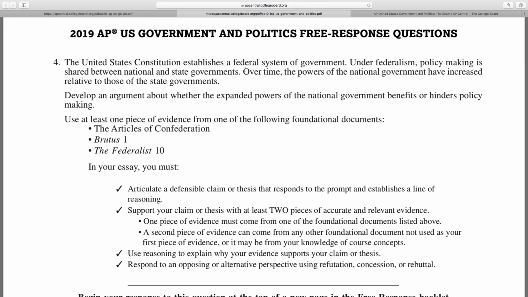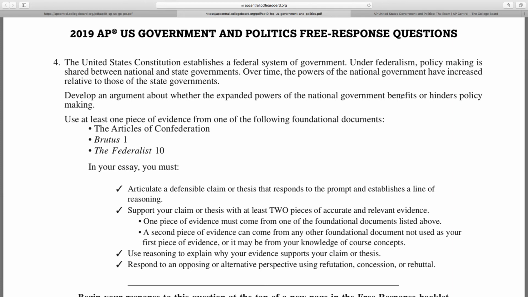I think on this essay, the easiest way to go is that if the powers of the national government have increased, those expanded powers are going to benefit policymaking. Okay, so increased national powers benefits policymaking. I think that's the easiest way to go there.